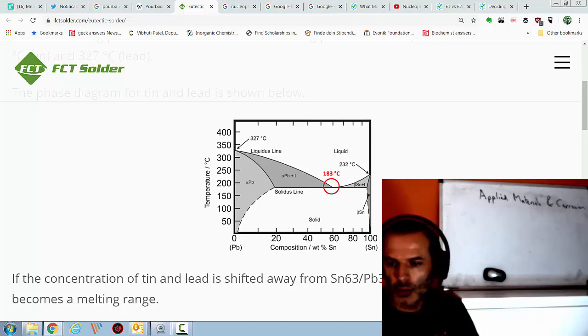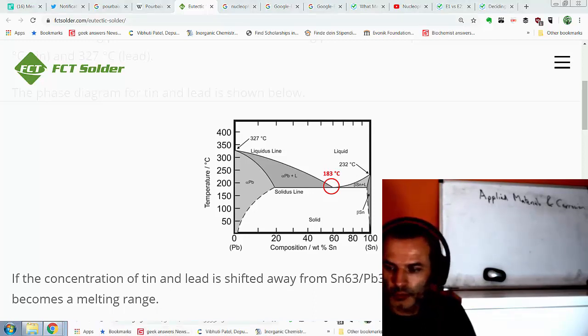So if we're above this liquidus line, which goes down here and up here, we just get a liquid. Down here we've just got solid. In the grey areas we have a mixture of solid and liquid. Oop, I've made a mistake.